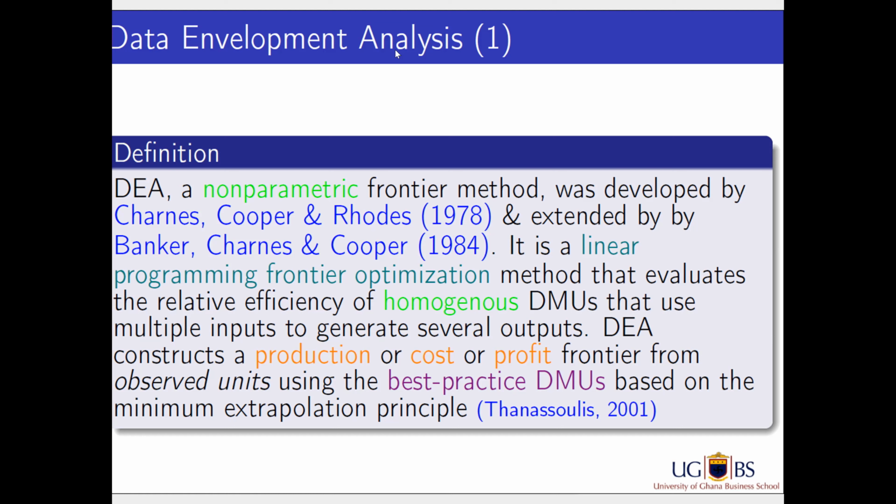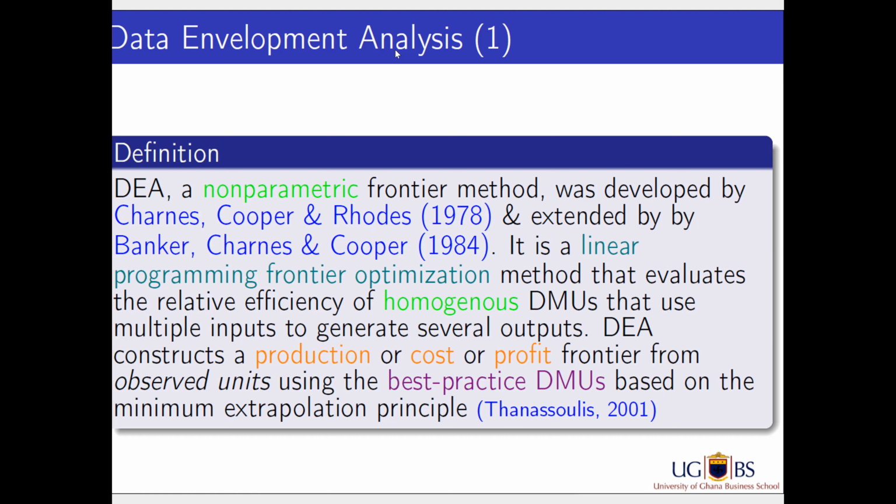What is DEA? We said it's a non-parametric mathematical programming methodology, not econometric. So we don't technically have parameters, estimates. It's non-parametric. Just like you have coefficients in regression and stochastic frontier, you don't have that. You have non-parametric tools. What is it? It's a linear programming frontier optimization method.